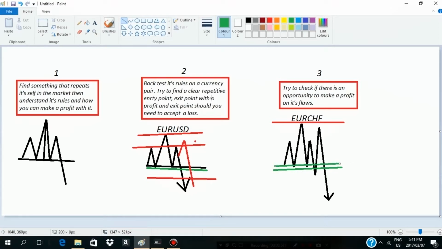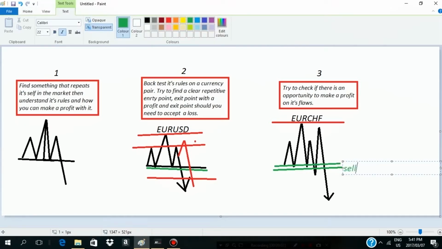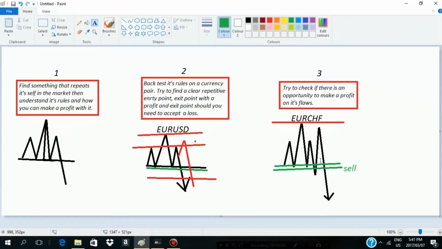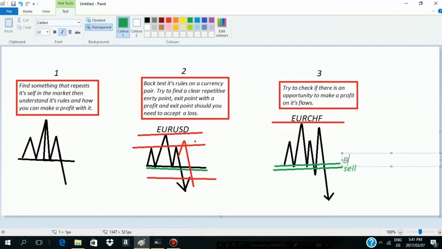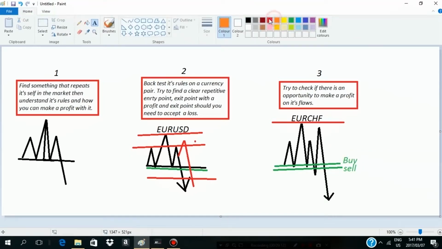So I then place a buy. So I have got one sell, and the minute it goes past the neckline to kind of go back in the opposite direction, I buy. And for this buy, I basically decide I am going to take my profit just above the shoulder.